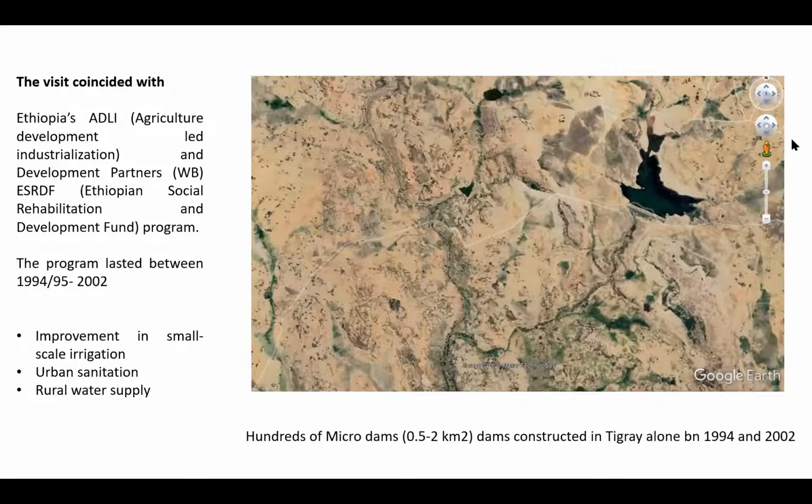The two programs aim to rehabilitate rural livelihood through small-scale irrigation and rural water supply schemes. Hundreds of microdams ranging in size from 0.5 to 2 square kilometers were constructed in Tigray and some parts of Ethiopia between 1994 and 2002 under the two programs.